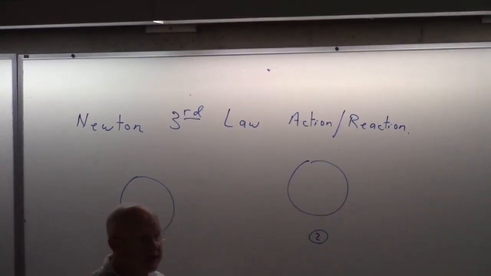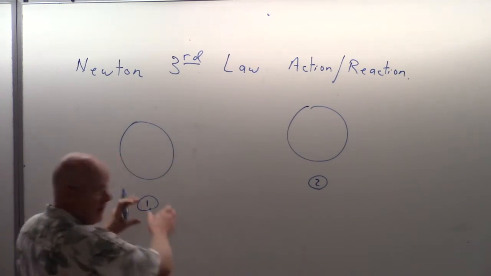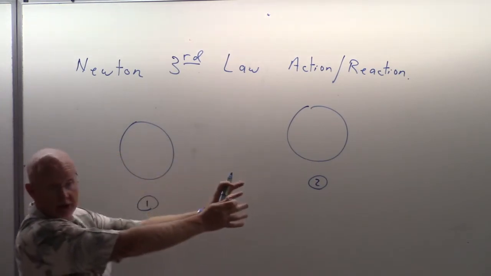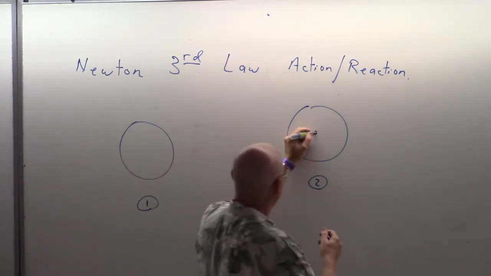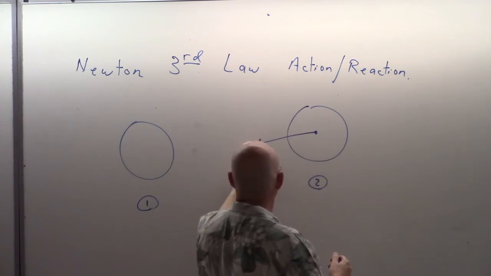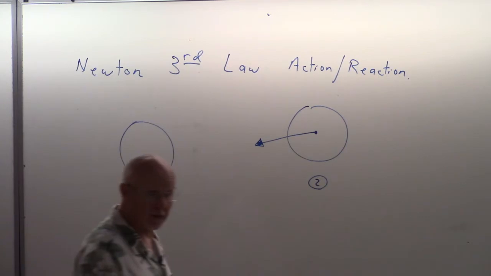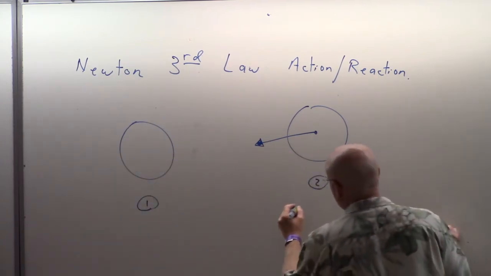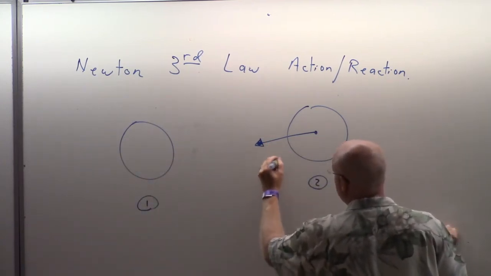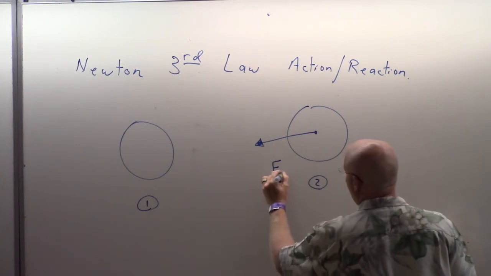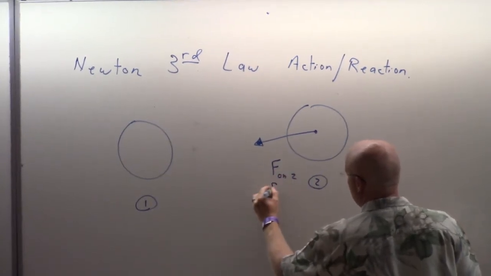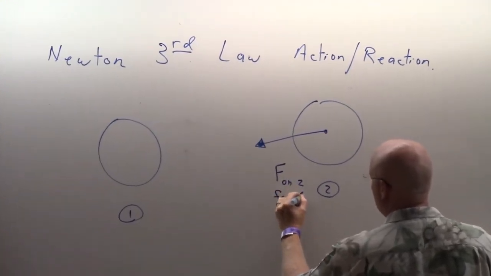And it simply says this: if object 1 is pulling on object 2, let me put a little arrowhead right here. Let me even write it this way. This right here would be the force on number 2 from number 1.